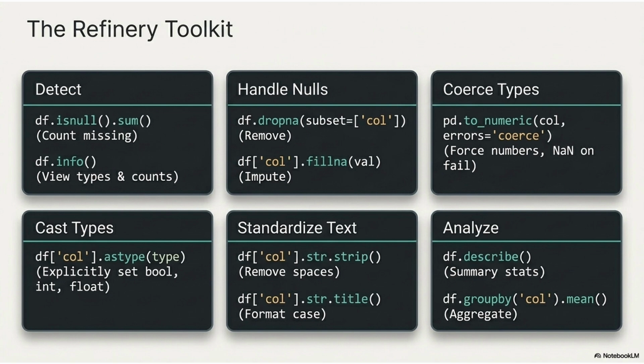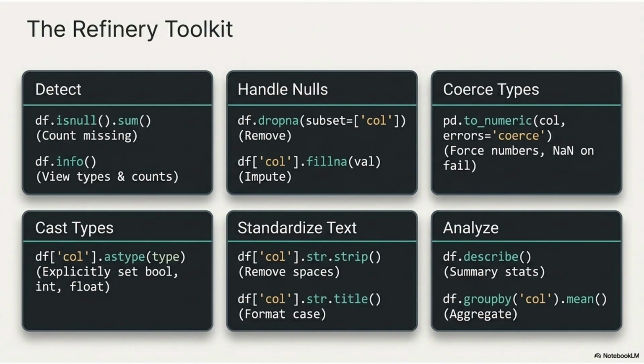Coerce types: pd.to_numeric(df['column'], errors='coerce') forces numbers, converts bad values to NaN. Cast types: df['column'].astype() locks in integer, bool, or float. Standardize text: df['column'].str.strip() removes whitespace. df['column'].str.title() formats the case.